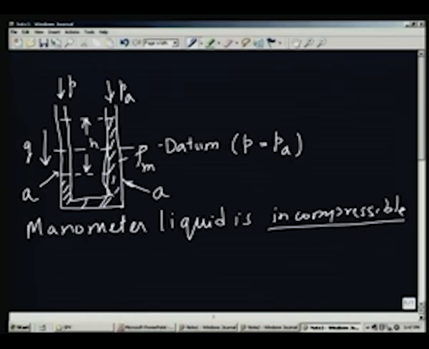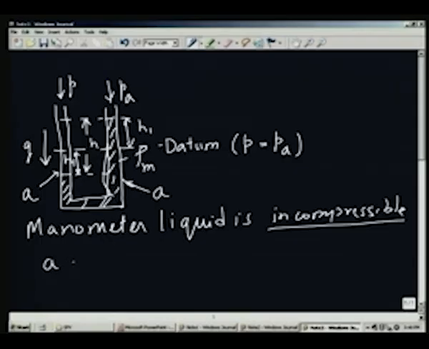So, suppose it goes up by a certain amount H 1, it also has to go down by a distance equal to H 1, because the volume of the liquid which has gone up should be equal to the volume which has gone down. So, these two must be equal, because the manometer liquid is incompressible.